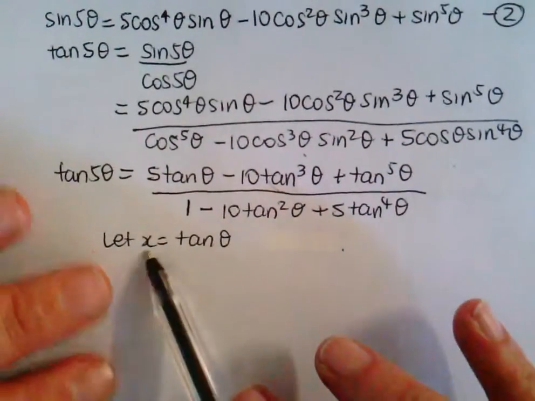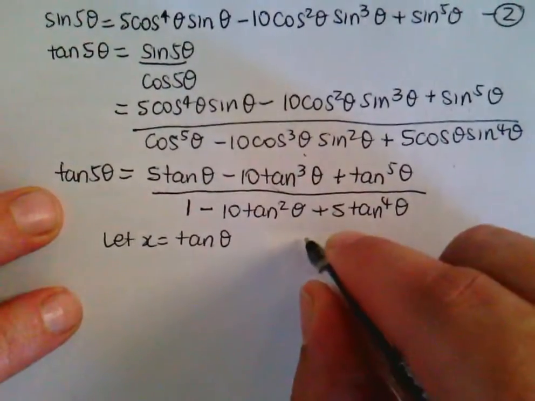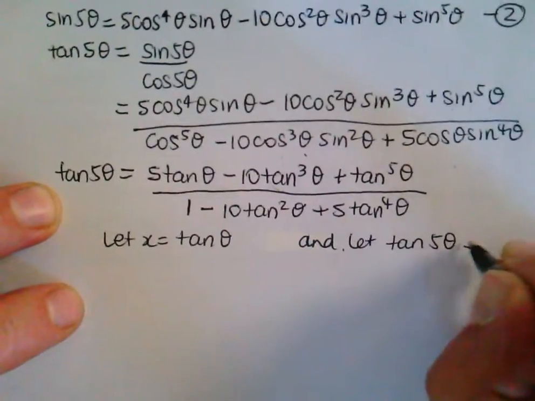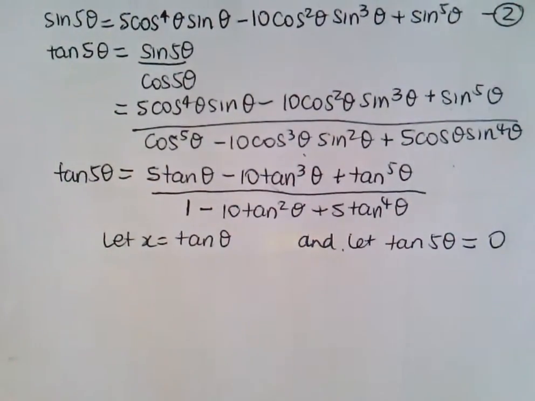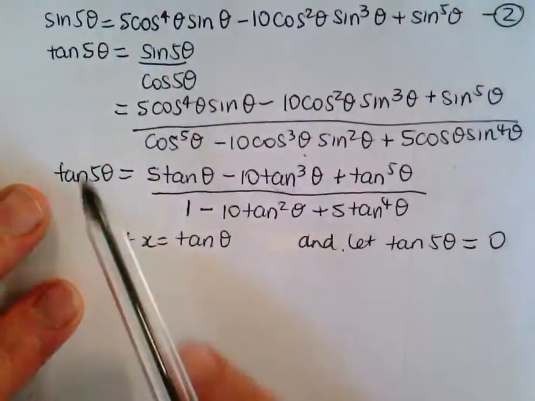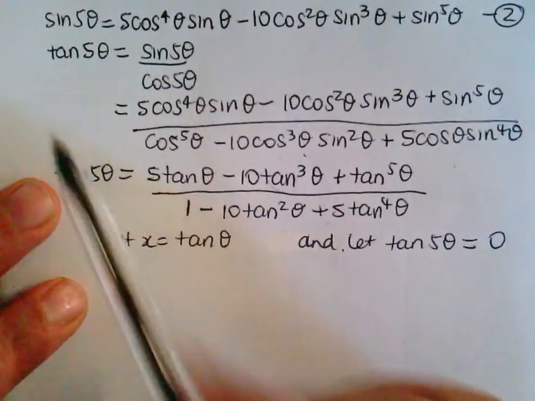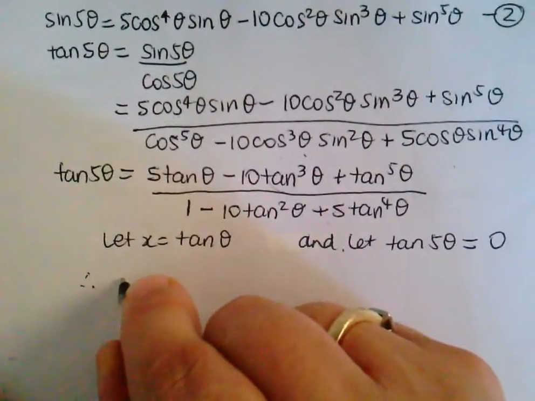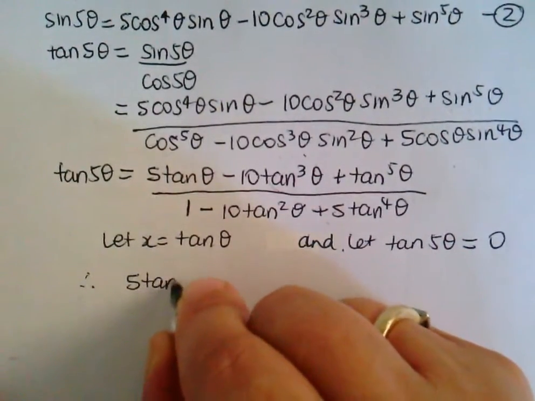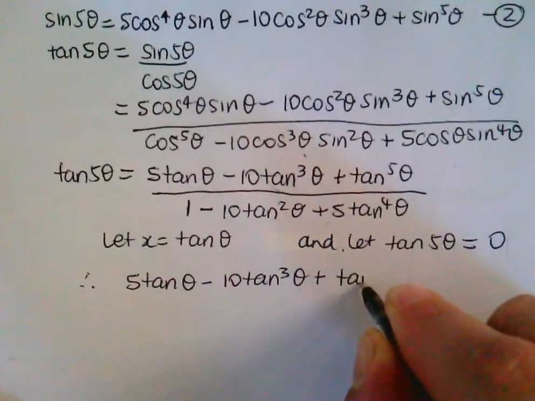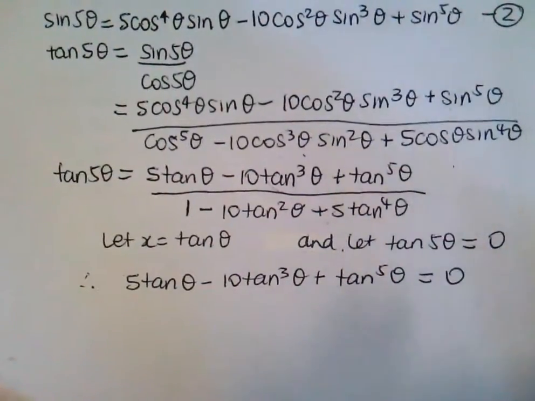So we're saying let x equal tan theta, but we're also going to let tan of 5 theta equal 0, okay? So if tan of 5 theta is 0, don't we multiply that by that, and we get, therefore, 5 tan theta minus 10 tan cubed theta plus tan to the power of 5 theta equals 0.